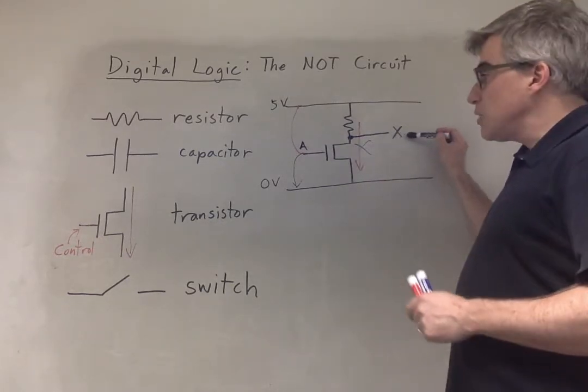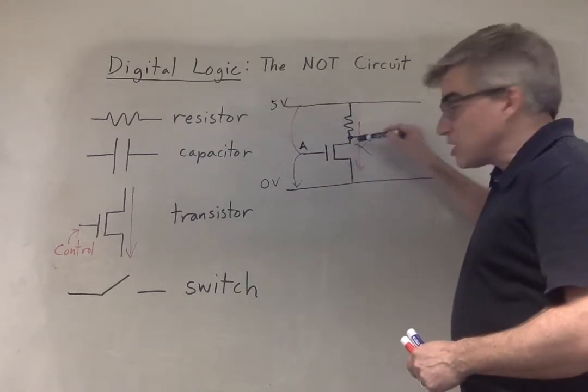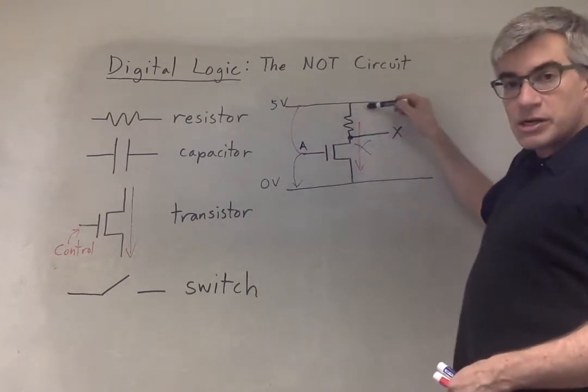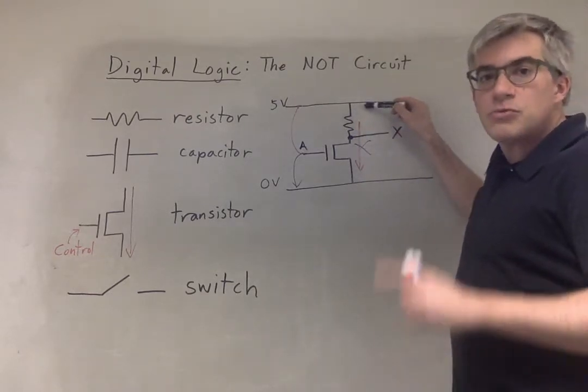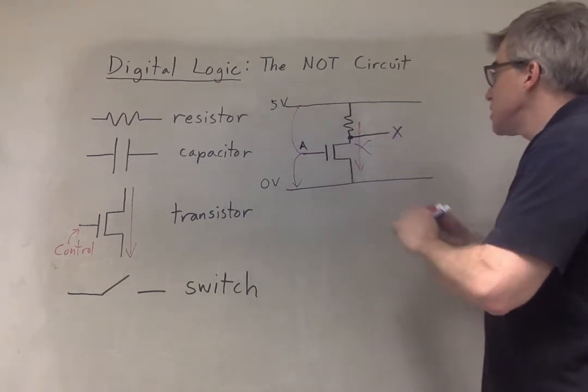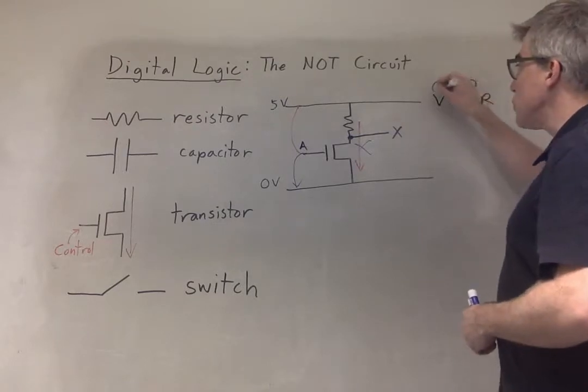But if we connect this to 0, this switch is open. It's not actually connected to 0. Well, is it connected to 5? There's a resistor here, but the resistor has no current through it. There's no path. If there's no current, V equals IR. If I is 0, the voltage is 0.